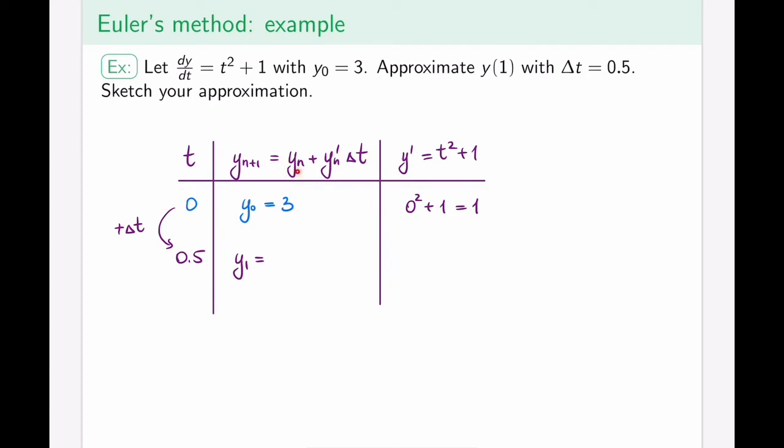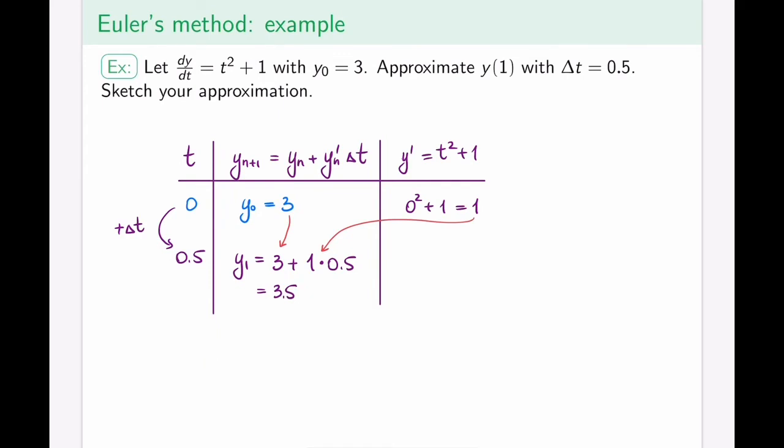So this is saying it's yn, which is the previous one, so 3, plus the slope at the previous step, which is 1, times the step size, which is always fixed at 0.5 as given in the actual approximation. Okay, so note where everything is coming from. Everything comes from the previous line. And again, delta t is actually fixed. So if I calculate this number, what am I going to get? I get 3.5.